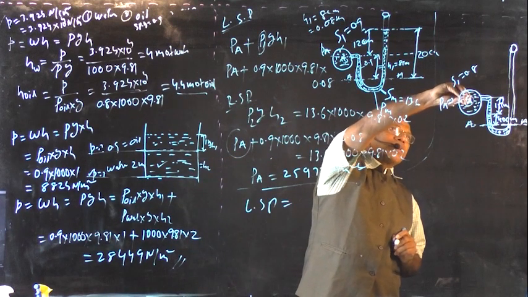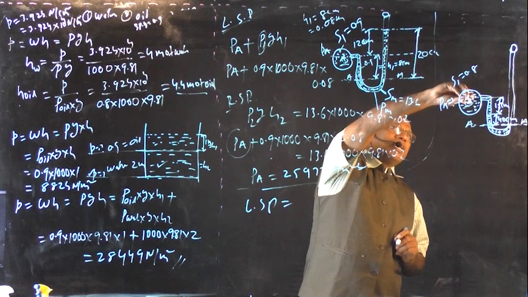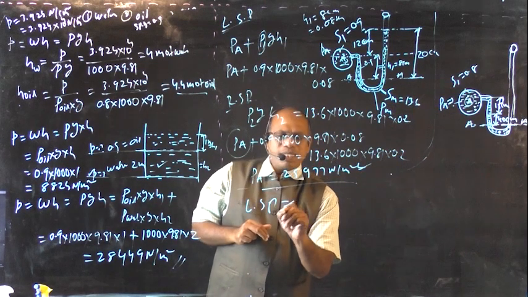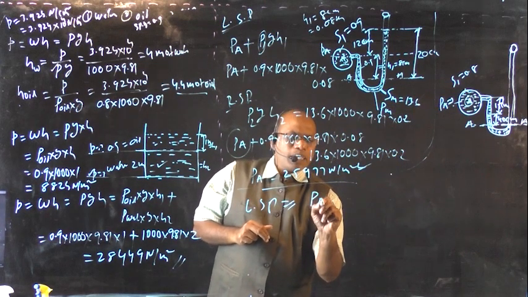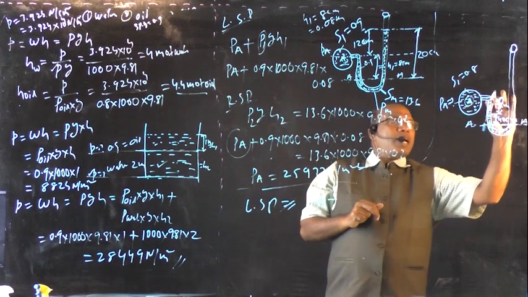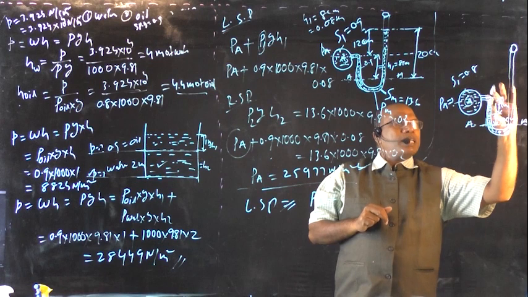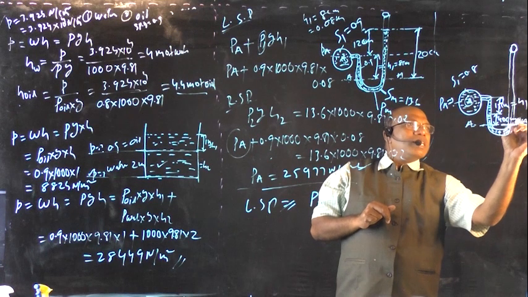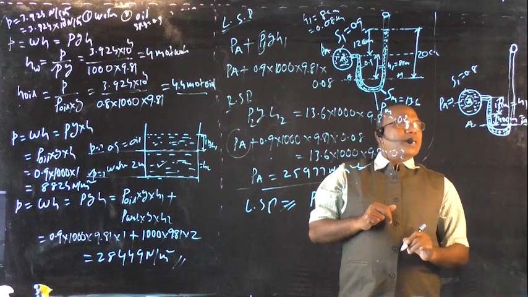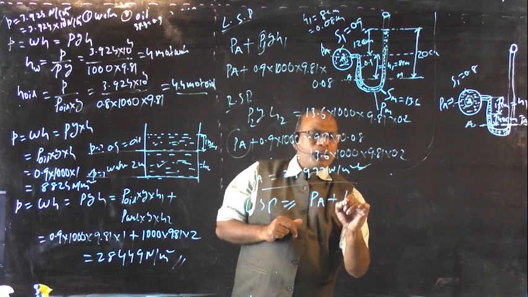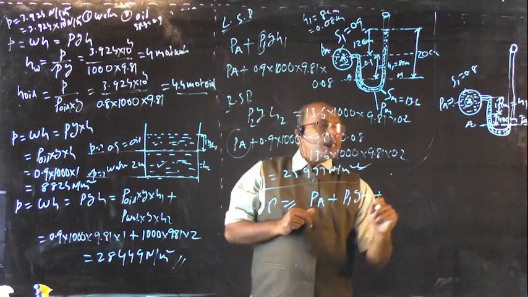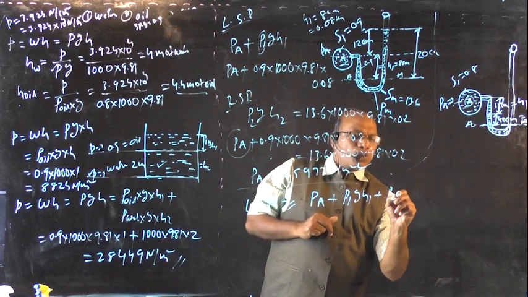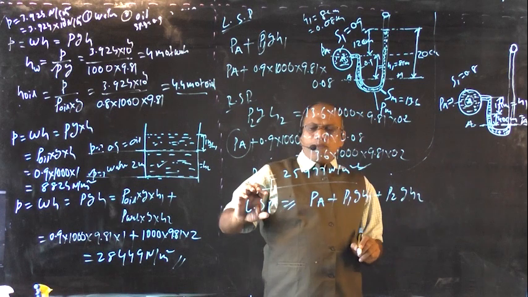The left side pressure is the pressure at point A, plus, because of this column we have one pressure, and because of this column we have one more pressure. Say this is H1 and this is H2. Pressure is rho 1 g H1 because of this column, and rho 2 g H2 because of this column. These are the left side pressures.